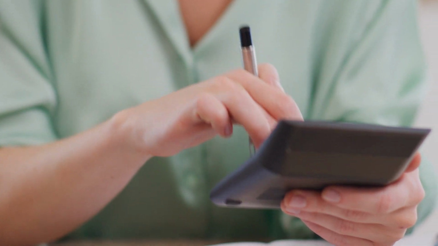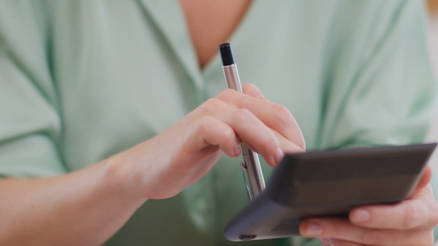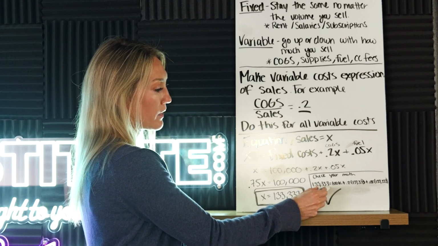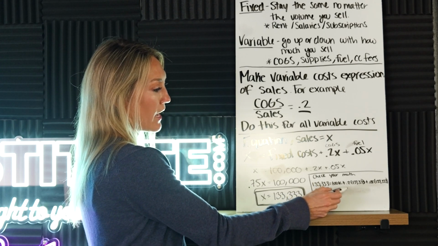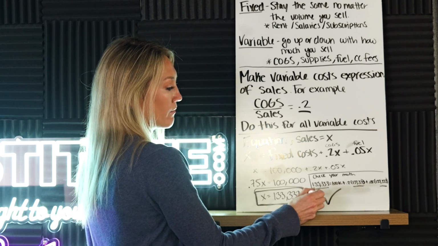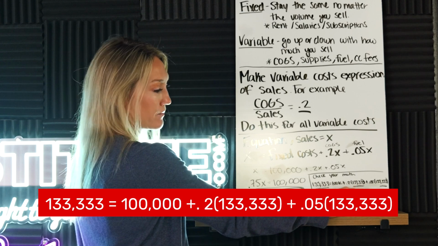Once we work out the equation, our break-even sales point is $133,300. You can plug that number in here, and you can plug in the 133 for X. And this side of the equation should equal this side of the equation.